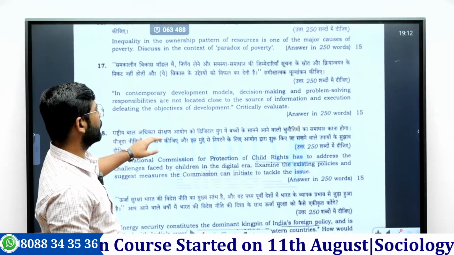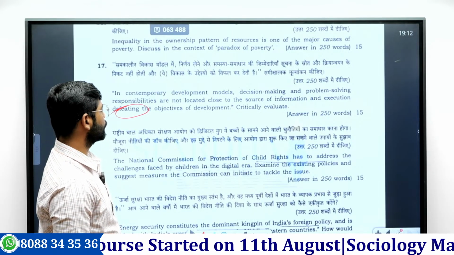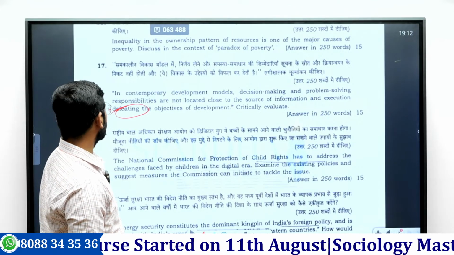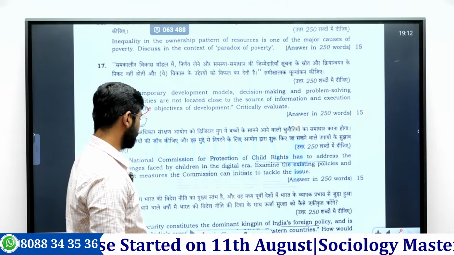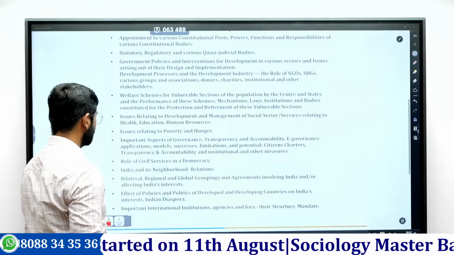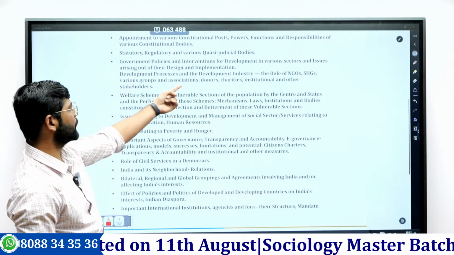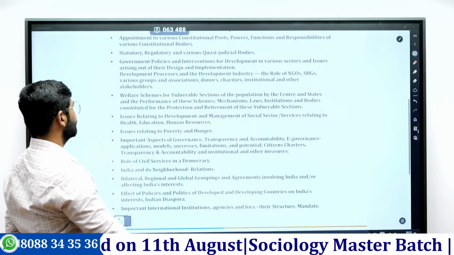Now, the contemporary development model: decision making, problems and responsibility are not located close to the source of information and execution, defeating the objective of development. It is nothing but the development related issues. Development process, development of industries.